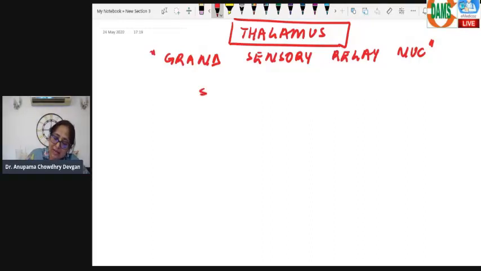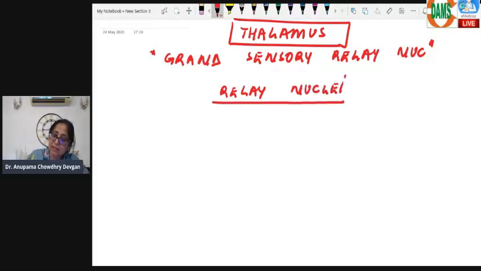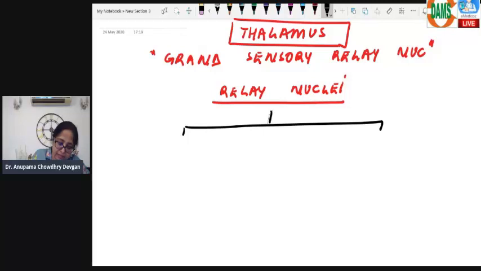So when you look at the relay nuclei in the thalamus, there are two types of relay nuclei, and the two types of relay nuclei are non-specific and specific.